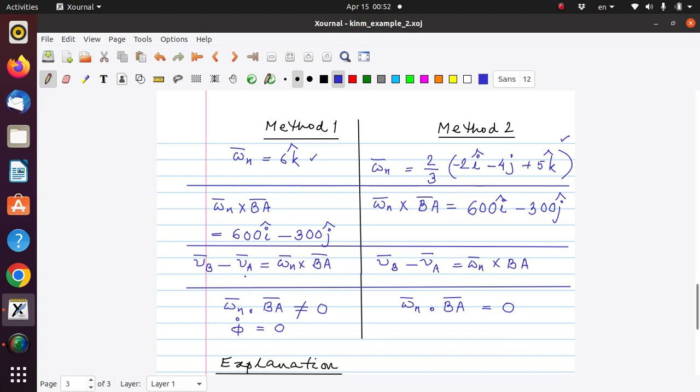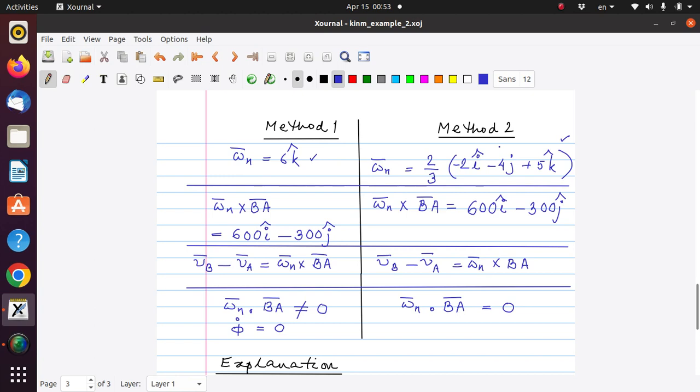And omega n cross BA, whether you take this as your omega n or this as your omega n, is the same. So both the results give the same value of omega n cross BA. So there will be no effect on VB minus VA whether you take omega n as this or omega n as this. So both the results are correct.